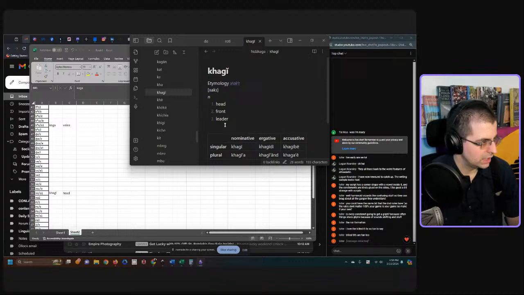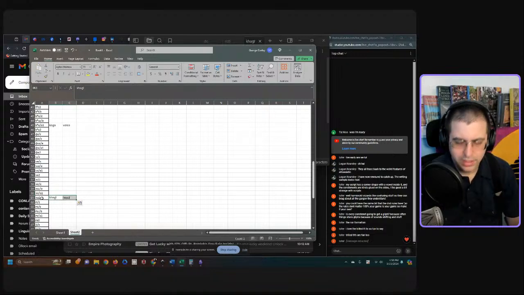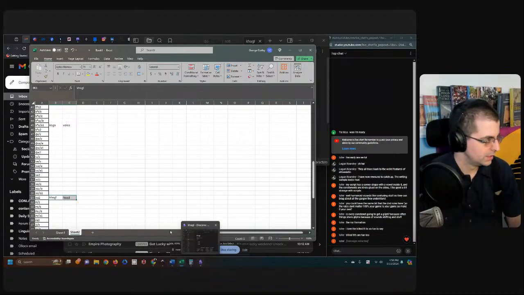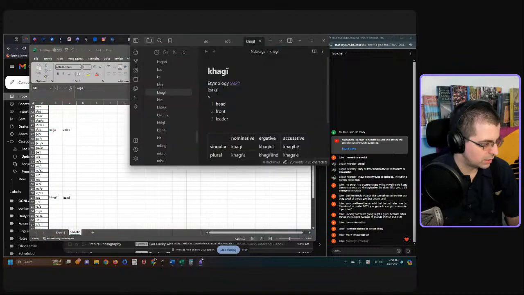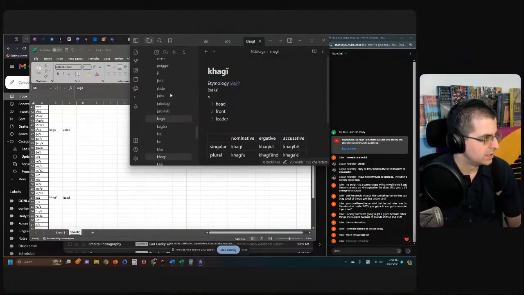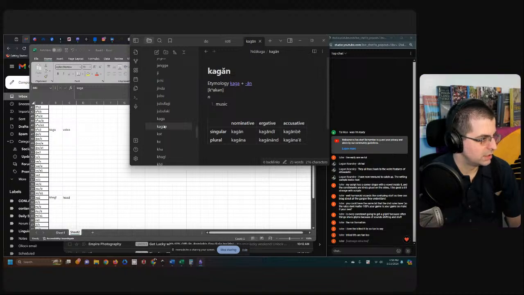Hage, this should be here, because this is the original A. This A2, that's the original A. And then A1 used to be a schwa. And it's the same for kaga. I'm pretty sure kaga was originally an A. Kaga, kagan. Right.